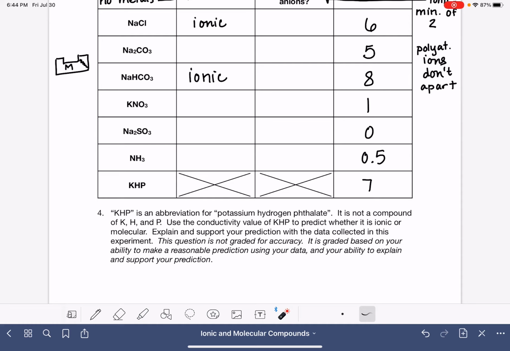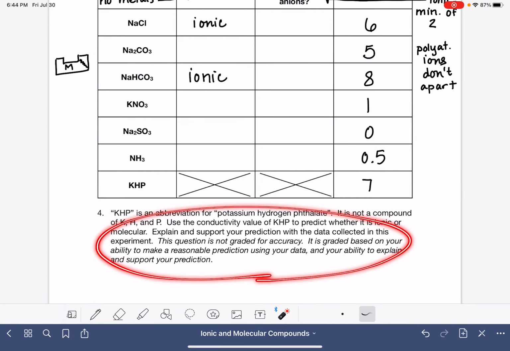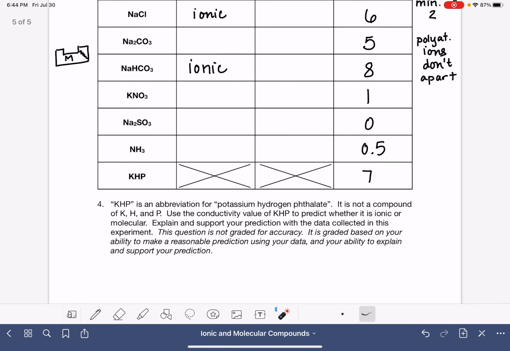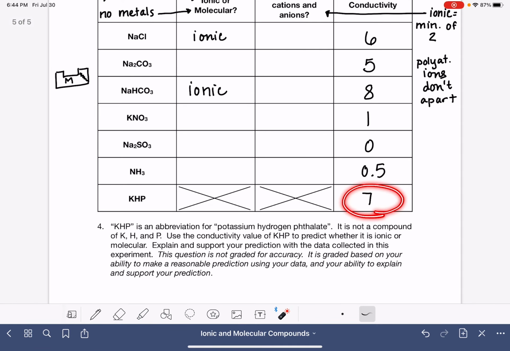KHP is either ionic or molecular, but that's not what I'm trying to get you to discover in this experiment. Your grade for question number 4 here is completely based on whether you can match up the conductivity of KHP, match it reasonably with the conductivity of something in your data table, and use your data to support your conclusion.